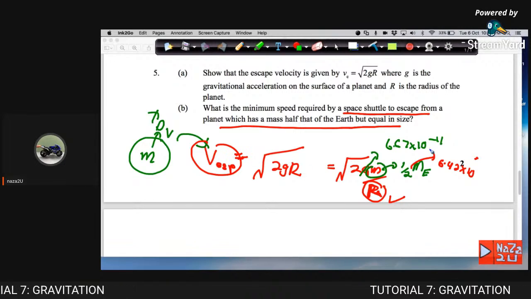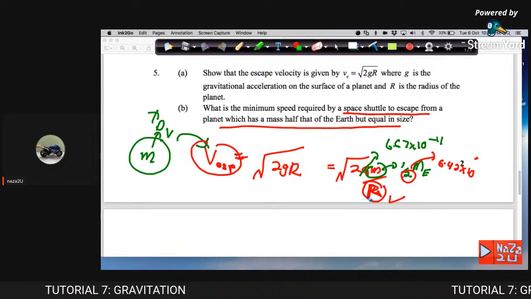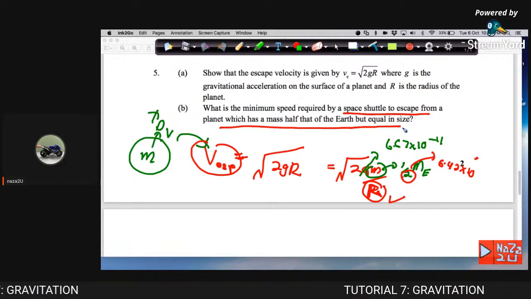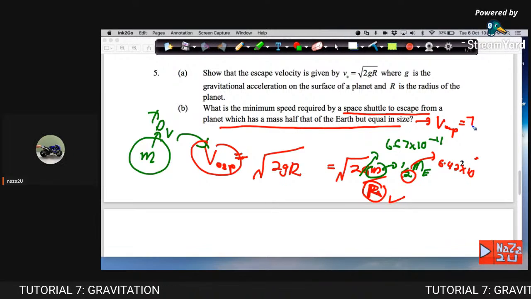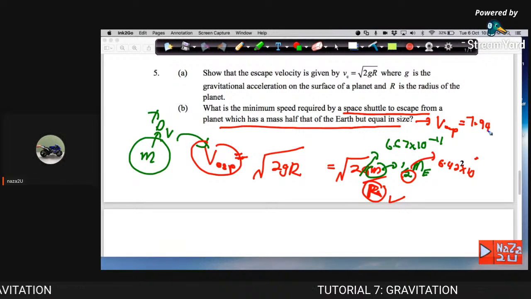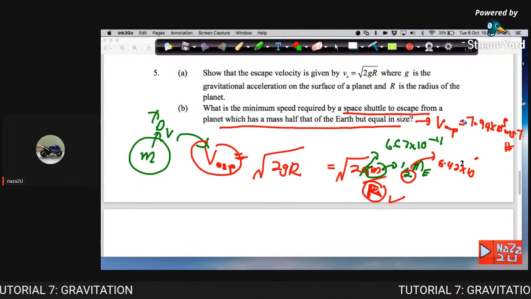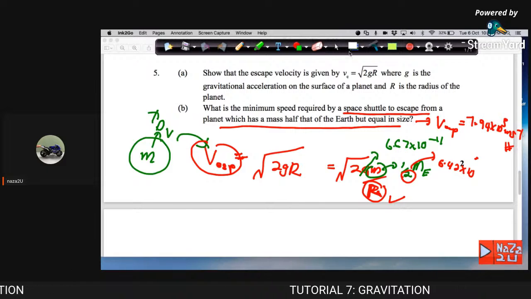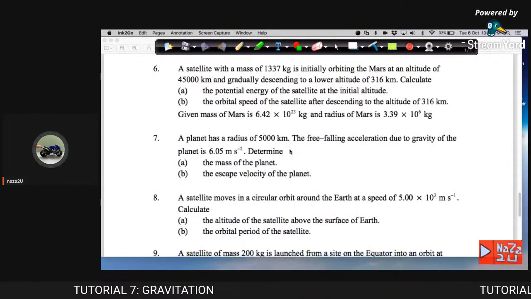So kat sini kalau kamu masukkan nilai constant untuk yang universal dengan mass bumi tapi dia separuh dan dia punya R, kamu akan dapat V escape. This is equal to 7.94 exponent 3 meter per second. So this is escape velocity. Okay class, question number 5 finish. We go to question number 6.